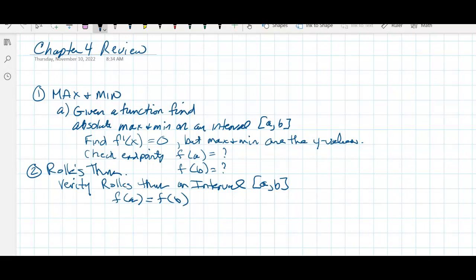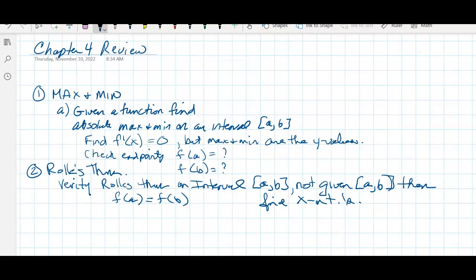Remember? If you're not given an interval, then just find your x-intercepts. Find your x-intercepts.